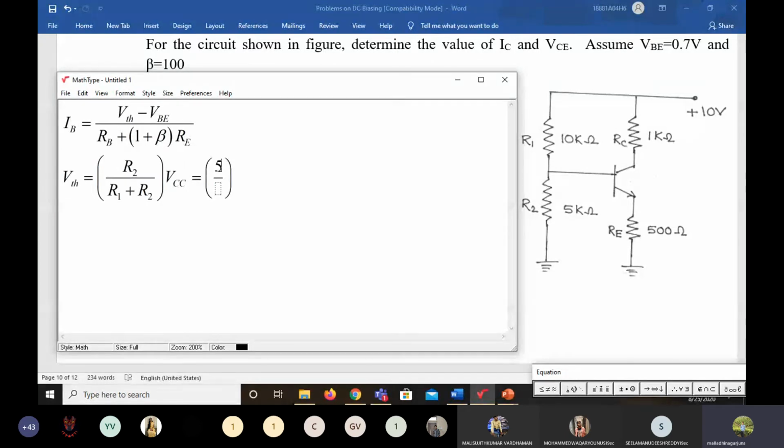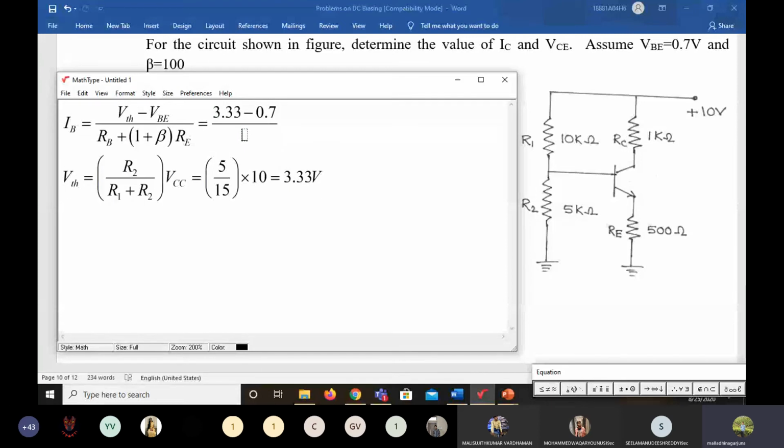R2 is 5 divided by 10 plus 5, 15, into VCC which is 10 volts. So you will get 3.33 volts. 5 by 15 means 1 by 3, so 10 by 3 is 3.33. So IB equal to 3.33 minus 0.7.